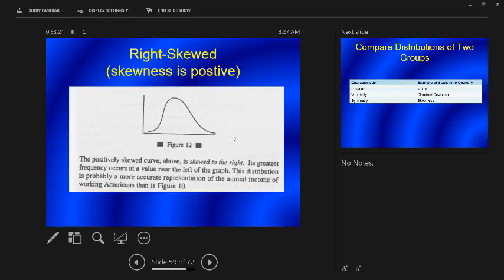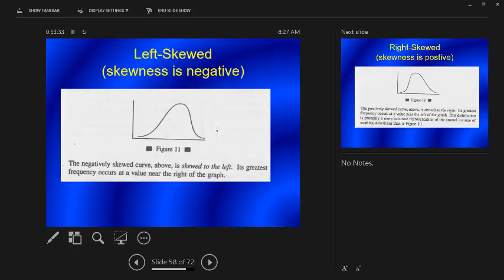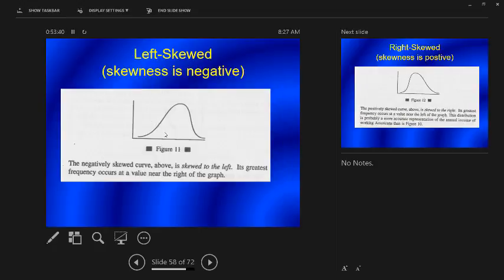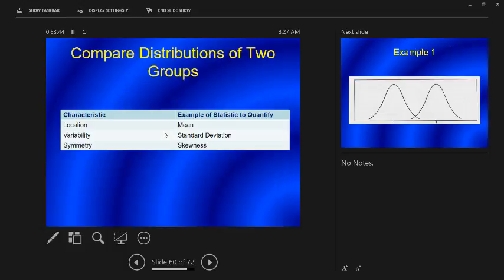These high outliers will pull up the mean, as we'll see, and they're also going to really pull up the variance or standard deviation. So those parameters that describe the normal distribution so well, they don't work as well for a right skewed distribution. But to review, the normal distribution is symmetrical, as opposed to if it's not symmetrical, that means it's skewed either to the left or to the right.